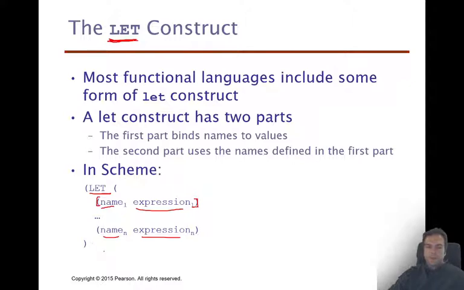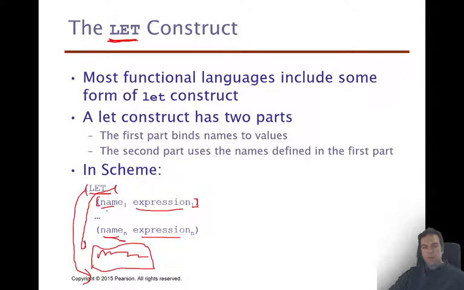And then finally, after this brace, we have a bunch of code that could use those variables, and then finally we would close this parenthesis. Right? So this parenthesis and that parenthesis are matched up, and then this parenthesis and that parenthesis are matched up. But in here, you've got code that can use all of those names, so those are inside of a scope.